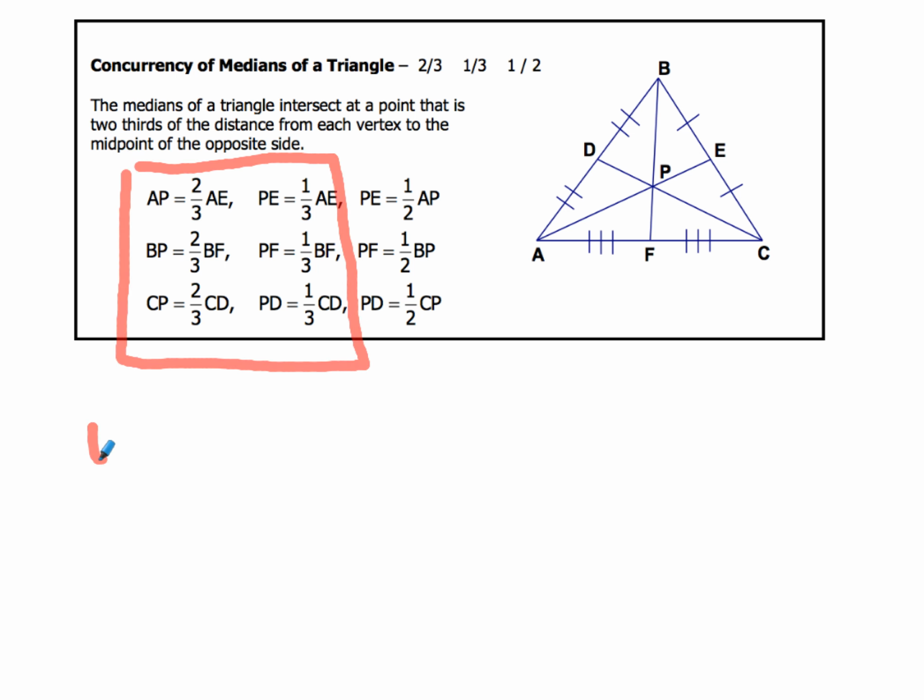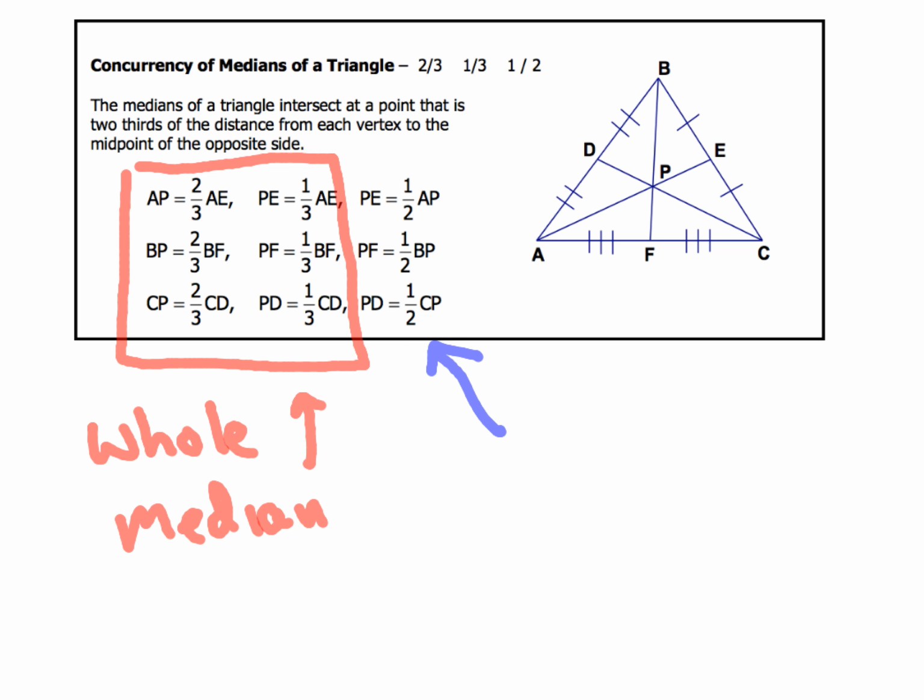If you don't have the whole median, and you have one of the parts, you're going to use one of these other formulas. That's it in a nutshell. Depending on which piece of information you're given, that will differentiate which formulas you use for this.